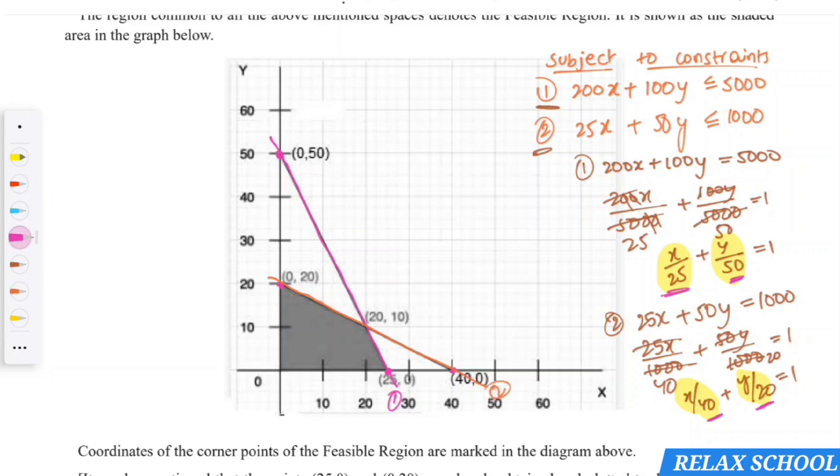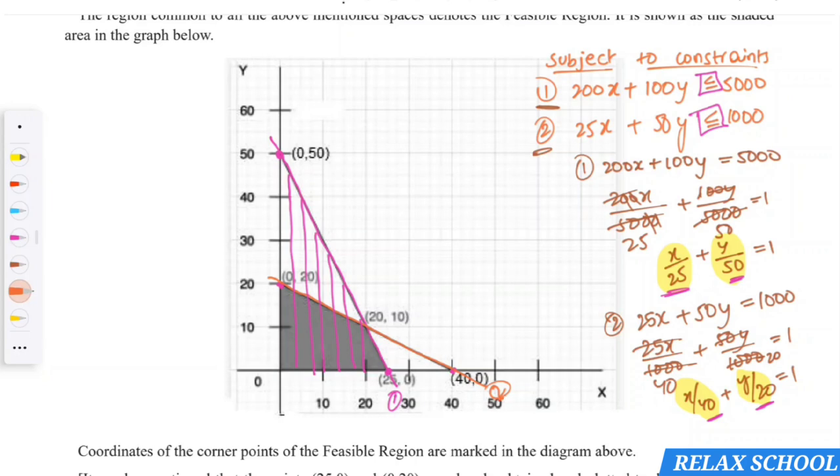So for the first equation, all of this area is the region where this inequality is satisfied. Because this was a less than or equal to function, all of the region below the constraint line is the solution satisfying the constraint.